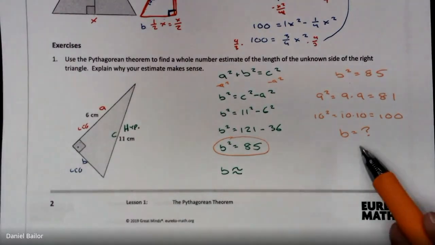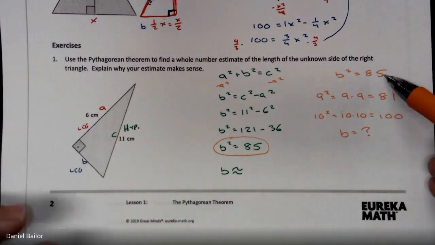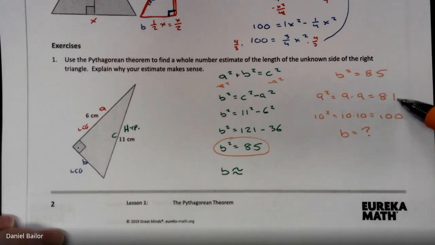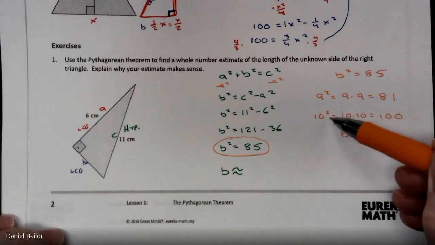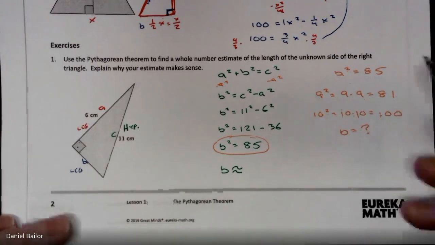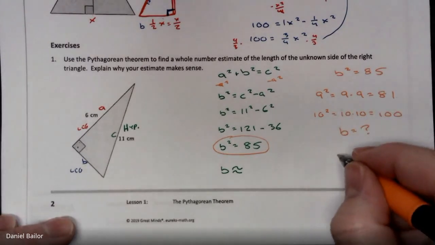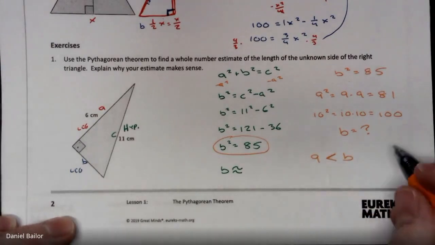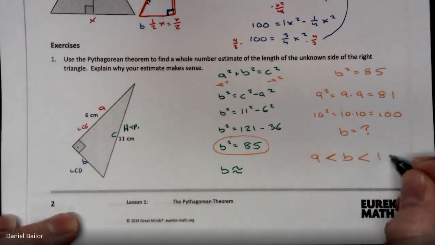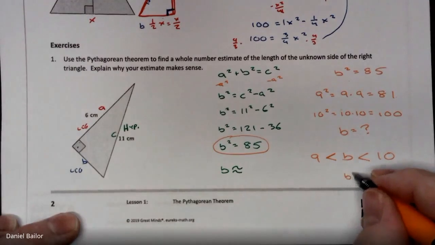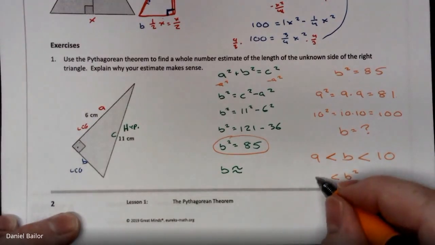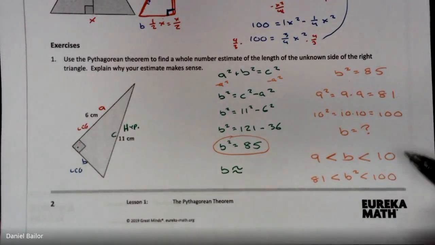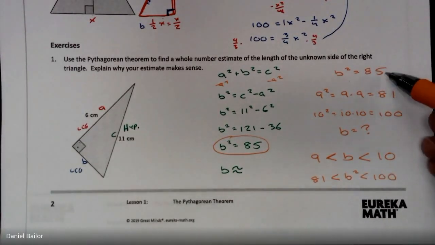We know that b squared is 85, and 9 squared is 81. 10 squared is 100. So we know b has to be bigger than 9 and b has to be less than 10, because b squared is bigger than 81 and smaller than 100, because b squared is 85.